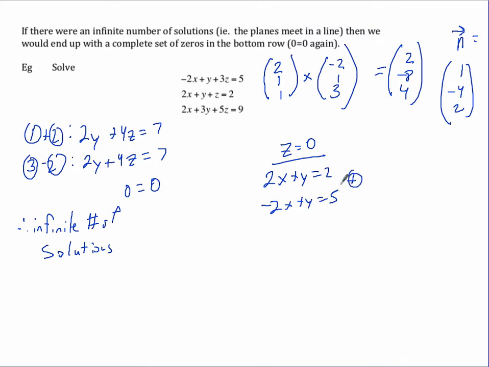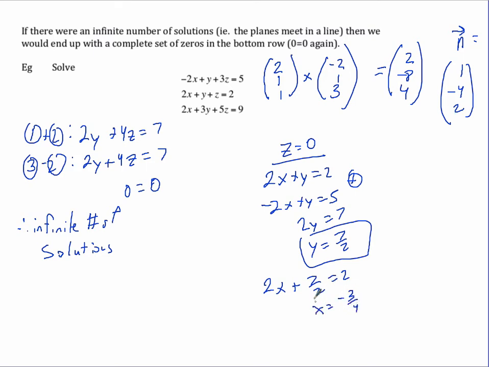I can add those and the x's will cancel. 2y equals 7, so y equals 7 over 2. Substitute that back into the first one: 2x plus 7 over 2 equals 2. Solve that, you get x equals negative 3/4.